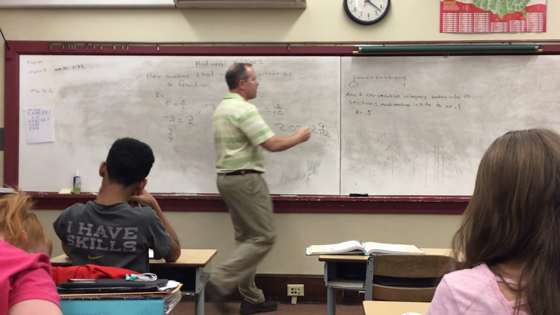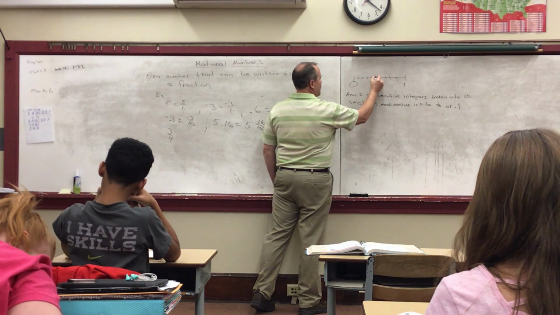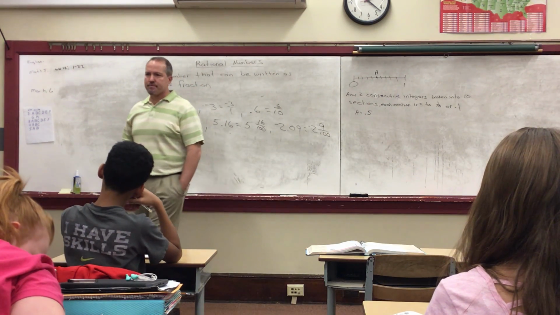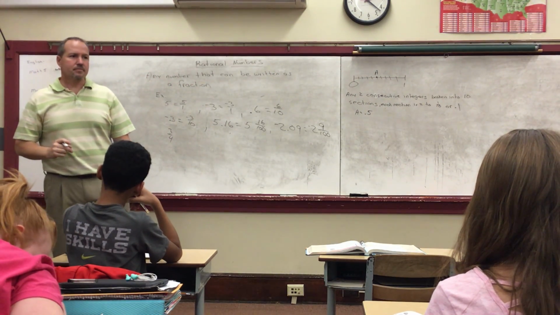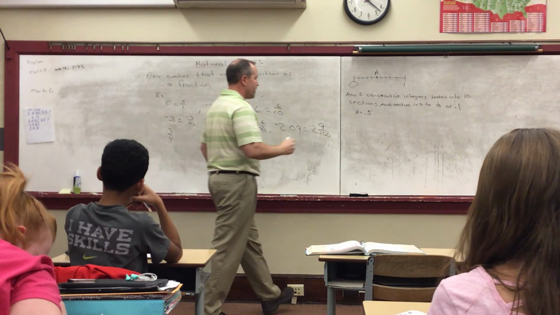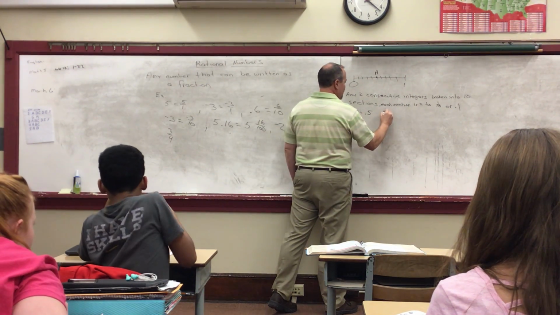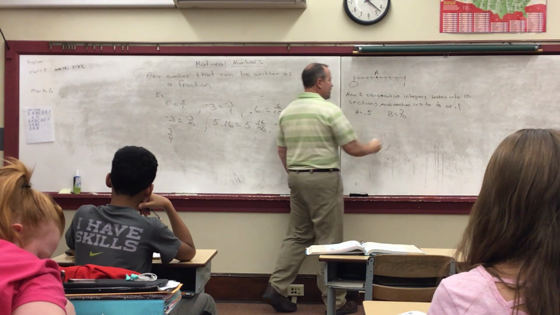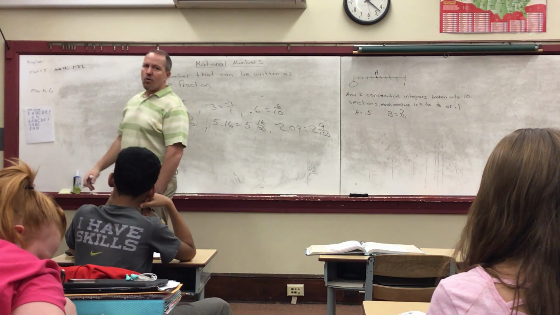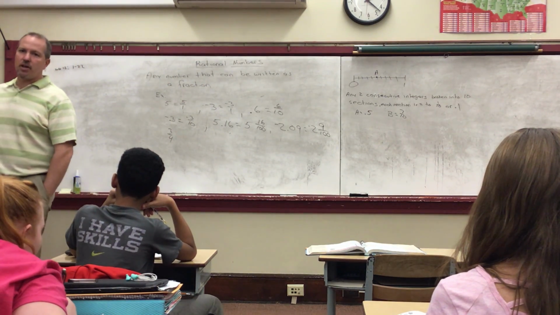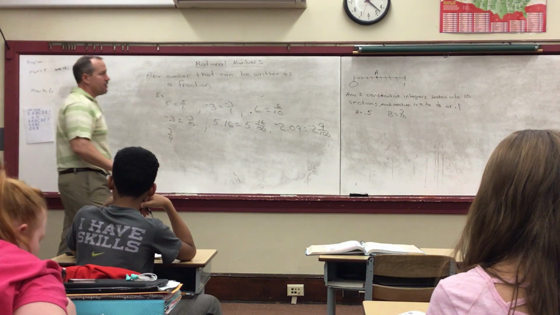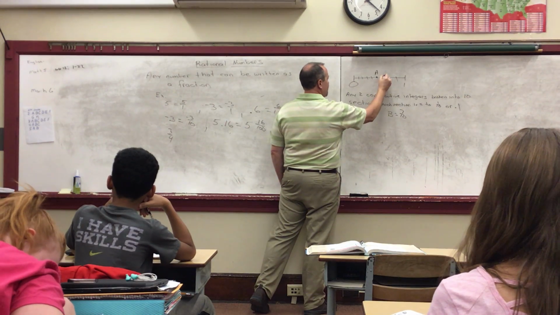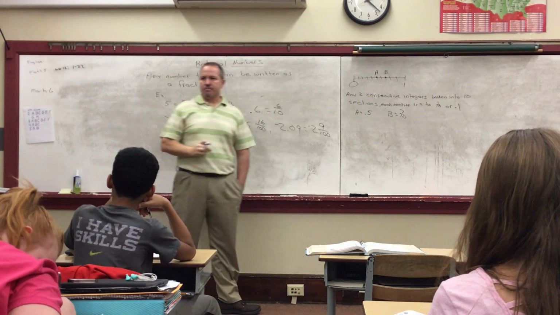The 5th line over. 1, 2, 3, 4, 5. That is where A would be located. If B was equal to 7/10, where would B be located? Wyatt? On the 7th line. 7th line over. 1, 2, 3, 4, 5, 6, 7. And there would be B.